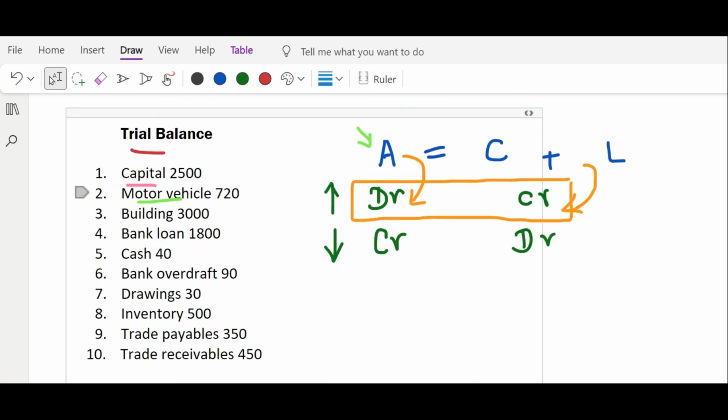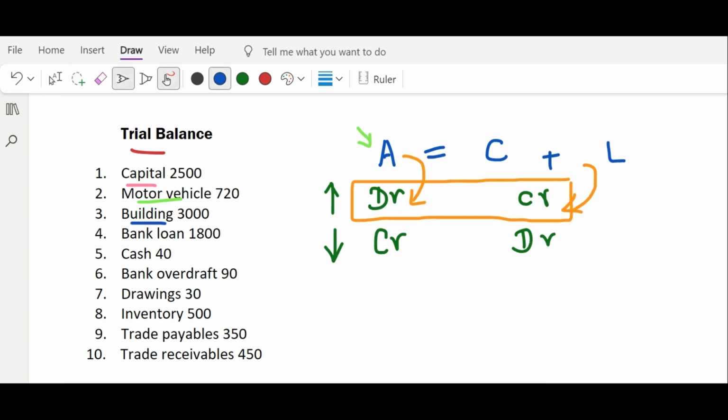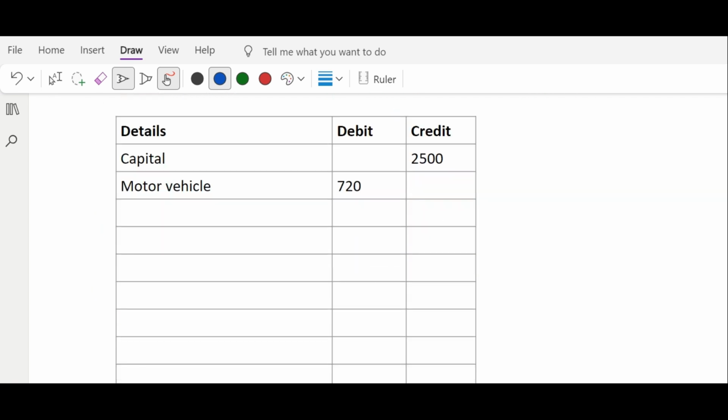Next one, building. Building of 3000. Building again is an asset. So that's in the debit side. $3,000.